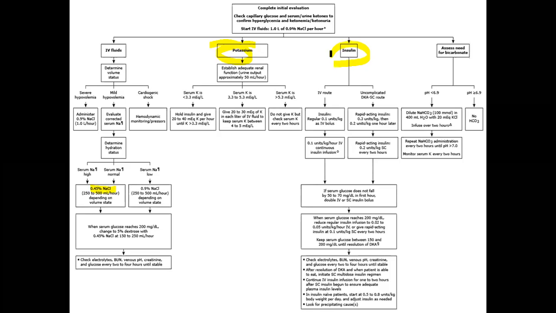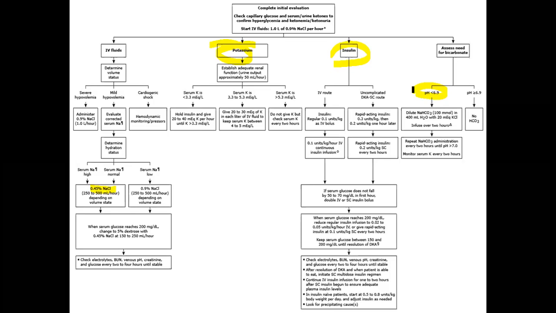Then you give insulin and consider bicarbonate if the pH level is less than 6.9. You continue the treatment until the DKA condition is resolved. So generally, this is the brief treatment algorithm of diabetic ketoacidosis. Any questions so far?